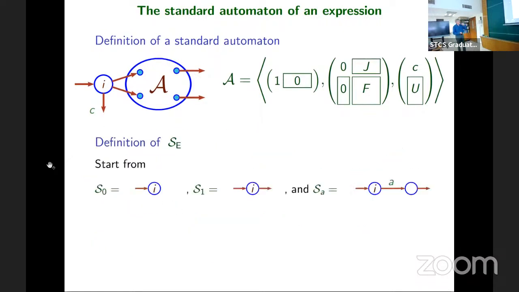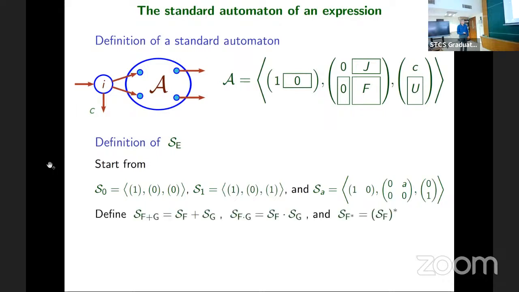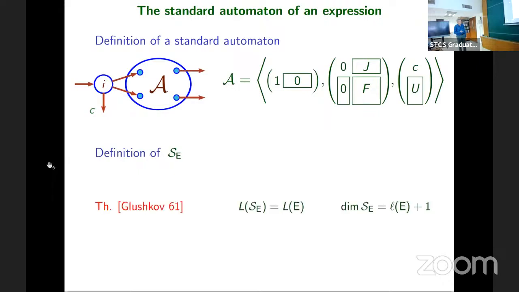So we now define the standard automaton of a certain expression. We start from the base cases like before, and we apply the operations, and we get by induction on the construction of the expression an automaton. Okay. And somehow this is the automaton defined by Glushkov, even though it's not the way he presented it.